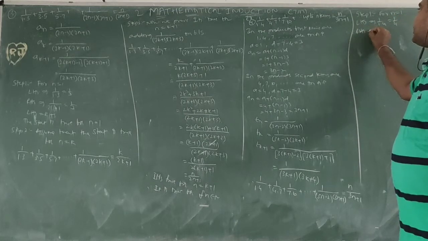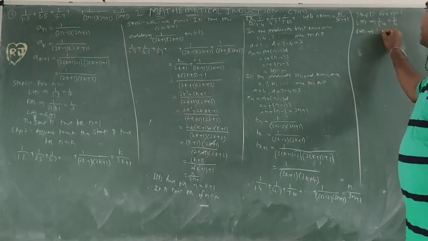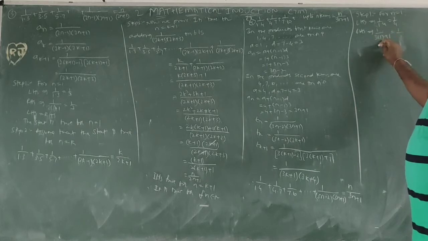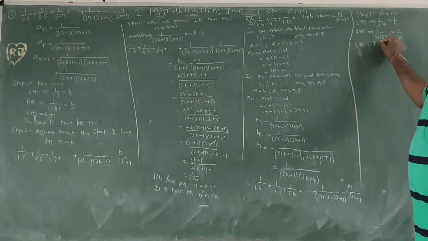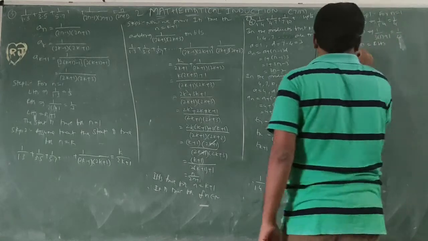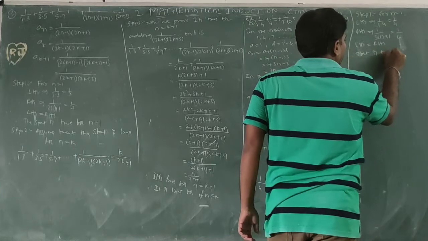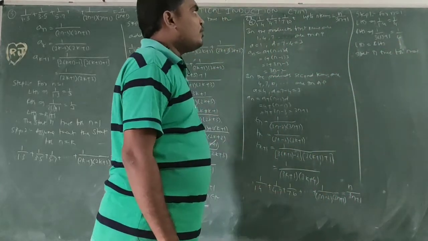RHS is n by 3n plus 1, which is 1 by 3 into 1 plus 1, 3 plus 1, 4. LHS is 1 by 4, RHS is also 1 by 4. Therefore the given statement is true for n equal to 1.